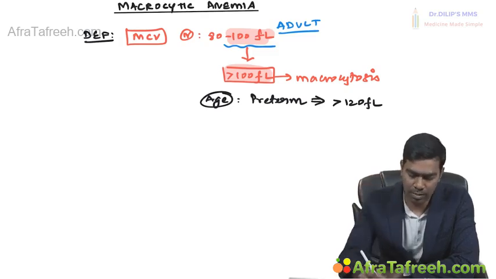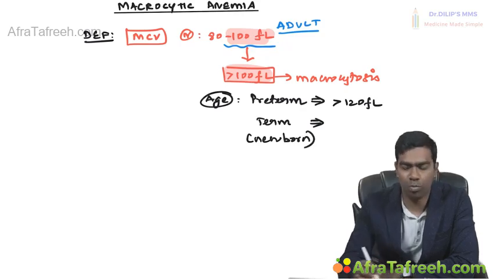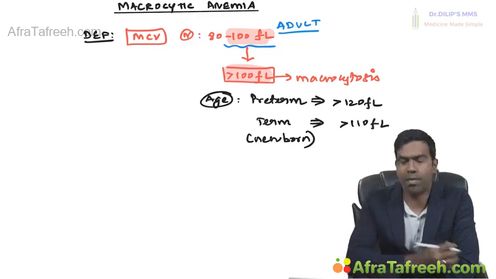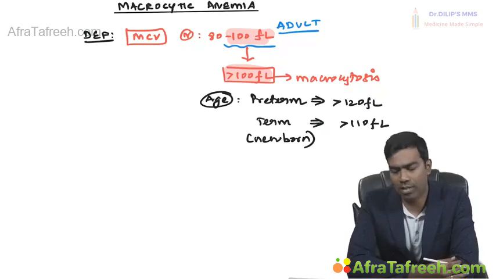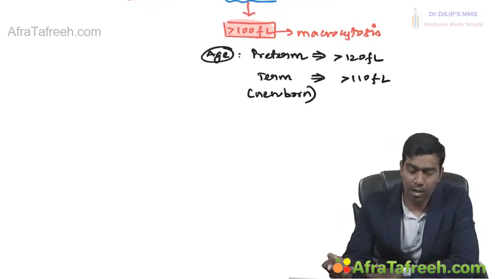In a term newborn, you can take more than 110 femtoliters as the upper limit of normal, and keep this as the cutoff for the definition of macrocytosis.